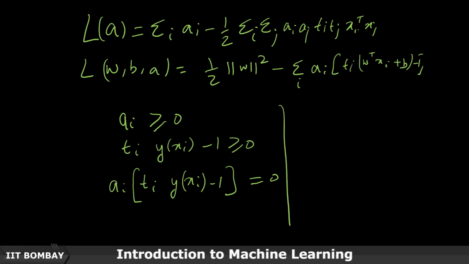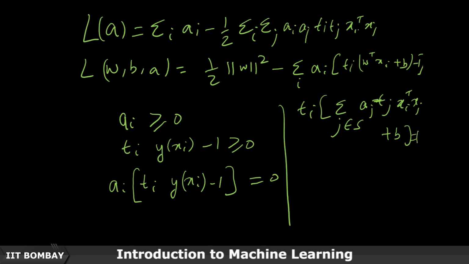So for b, t_i is going to be the sum over all the points that belong to the support vectors, where a_j is non-zero, of a_j t_j x_i transpose x_j, plus b, and this summation will be equal to 1. Sorry, t_i times that.